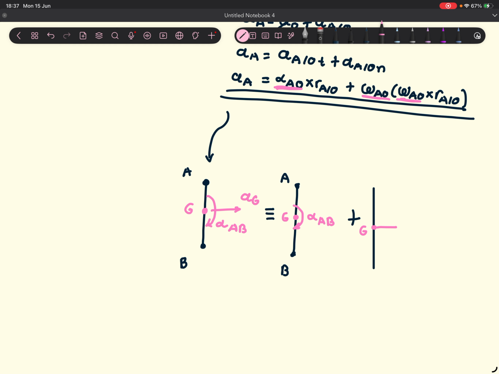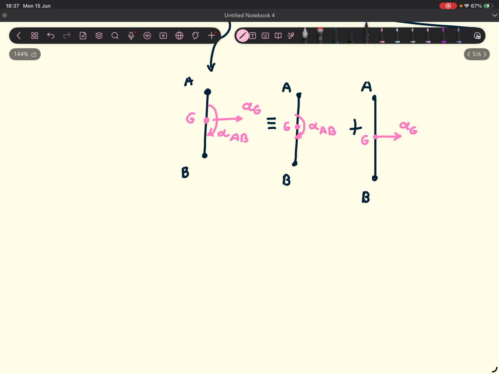So we're going to have point G, and we're going to have aG over here, then again point A and point B. So since we've broken it up, we can do case 1 and case 2.